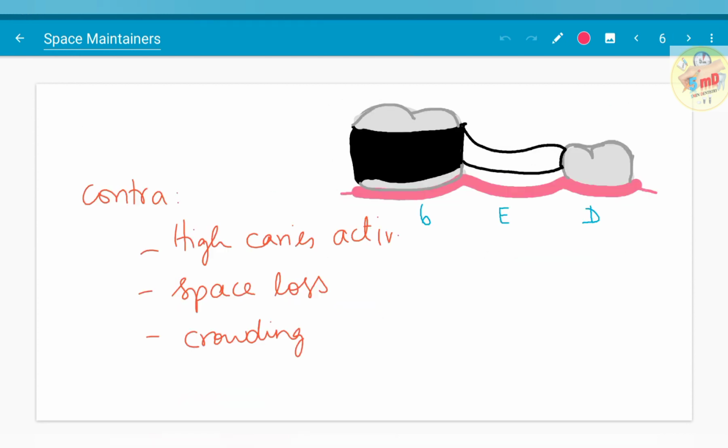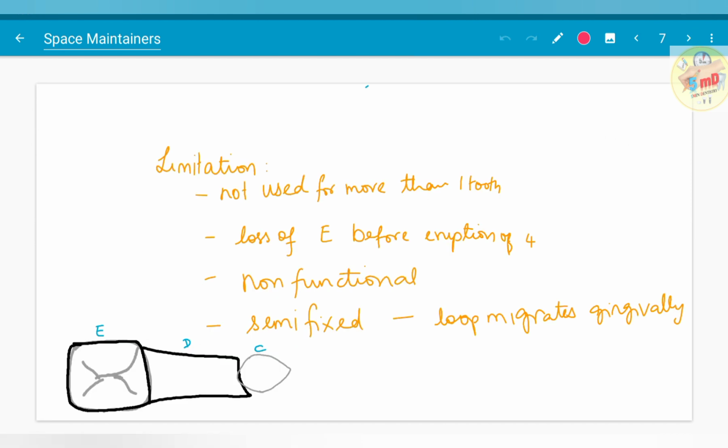Contraindications include high caries activity. As you could see, the sites where the tooth is bonded are prone to caries formation, and space loss can occur since it is attached to one side only. Here it just takes the support of the tooth, and in crowding you cannot use this space maintainer. You need to go for a space regainer. And the limitation is that it cannot be used for more than one tooth.